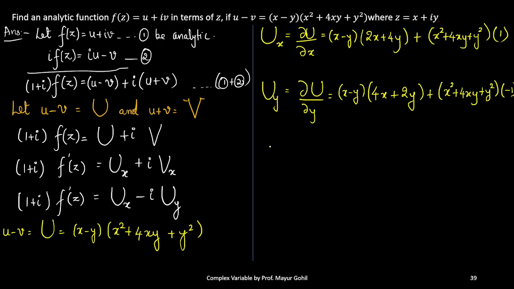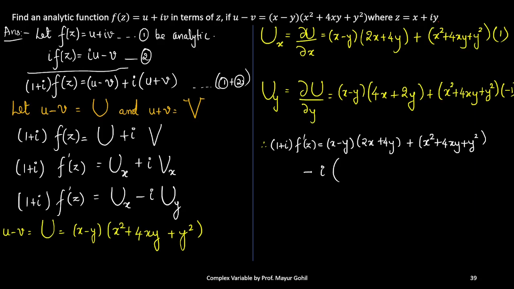So therefore, this step is (1 plus i) times f dash of z is equal to U x, which is (x minus y) times (2x plus 4y) plus (x square plus 4xy plus y square). Okay, that is the term.